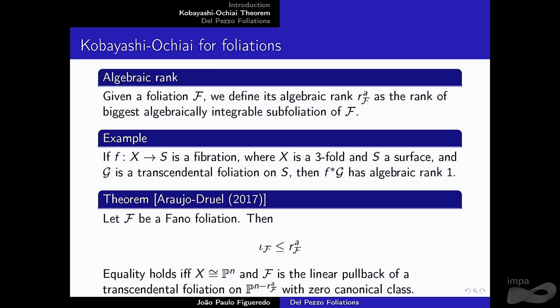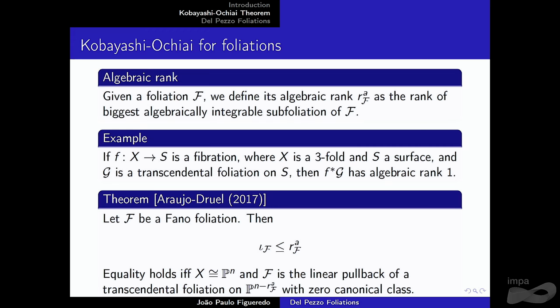This is defined as the algebraic rank of a foliation. And for instance, if you take a fibration from X to S, where X is a threefold and S a surface, and G a transcendental foliation on S, a foliation whose general leaf is not algebraic, then the pullback has algebraic rank 1. The subfoliation is given by the fibers of the fibration.